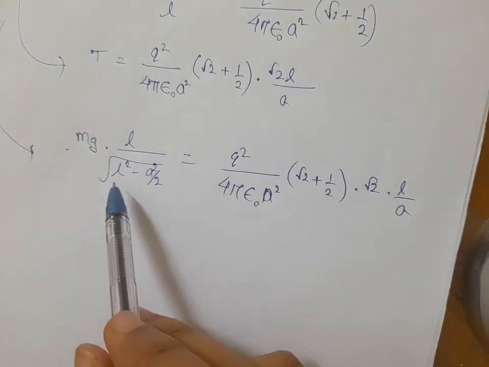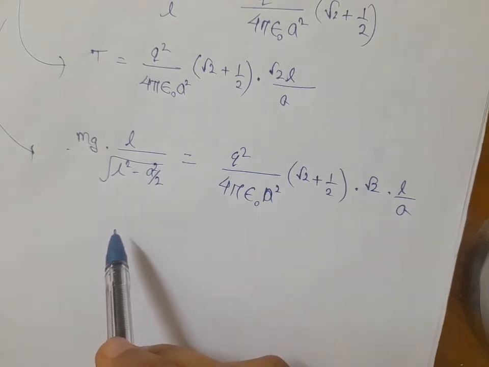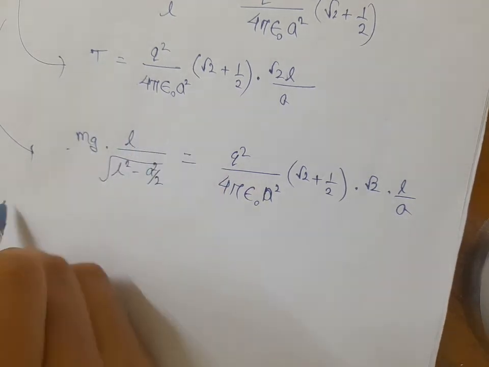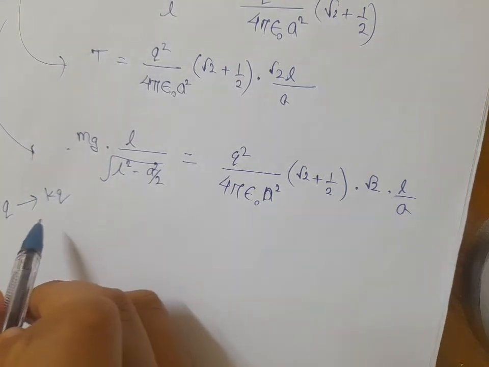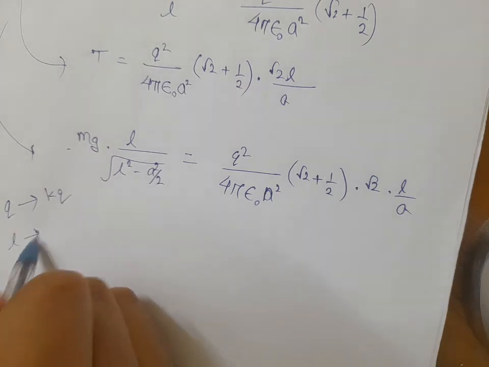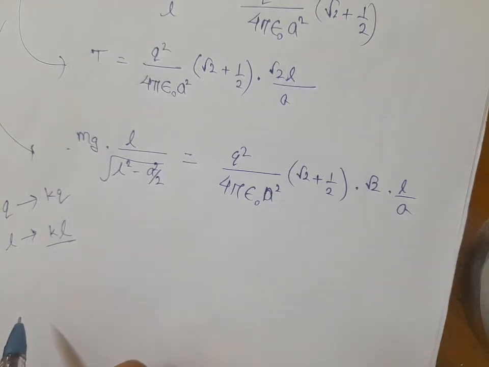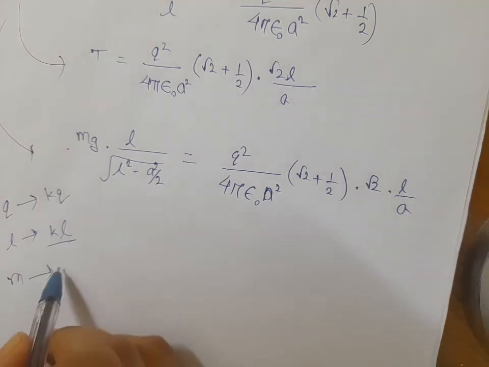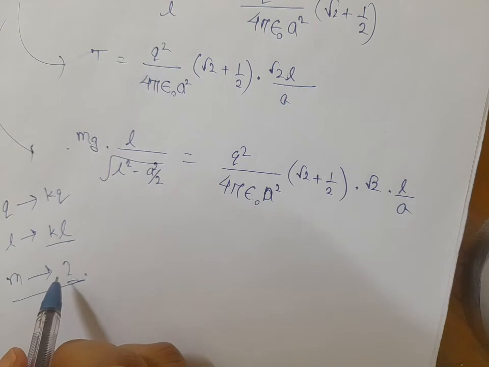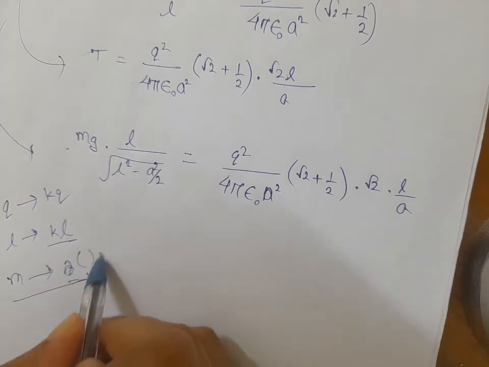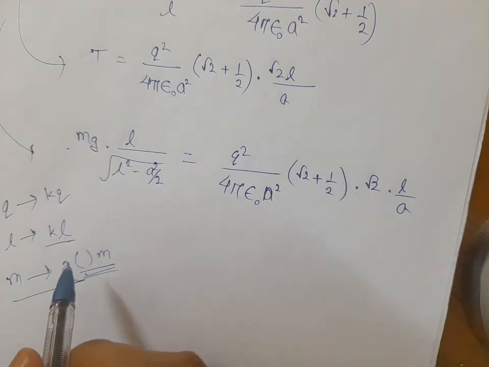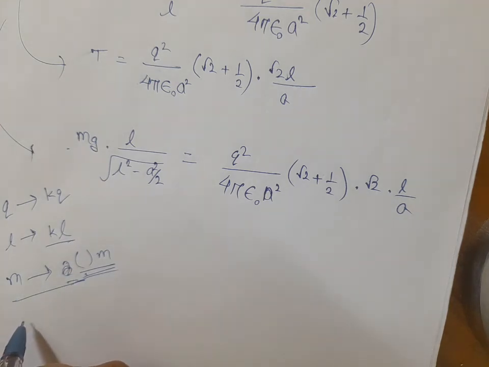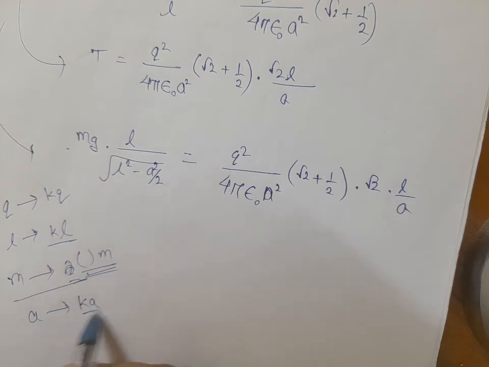So what we told in the question is that Q goes to kQ and length goes to kL. Okay, so what should be the mass of the sphere? What should M go to, by what factor should M be multiplied, so that A becomes kA?